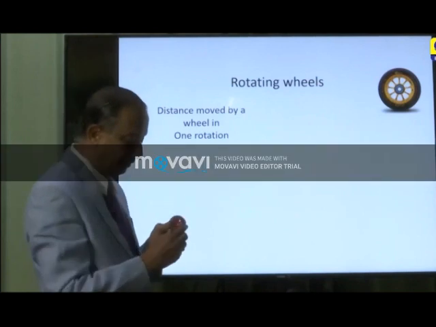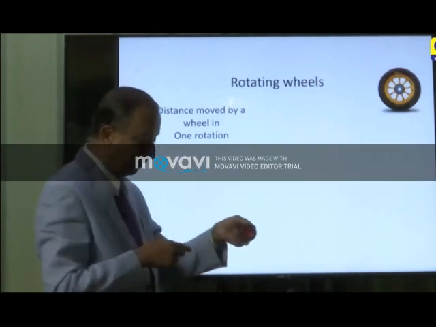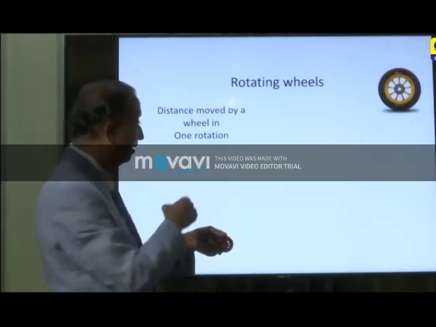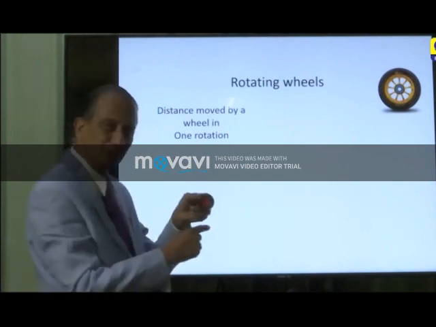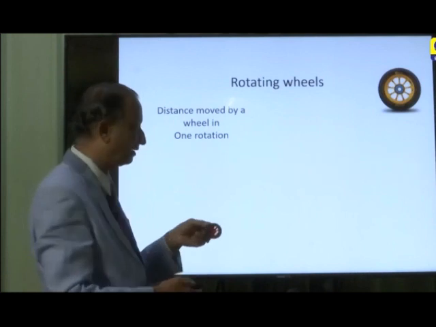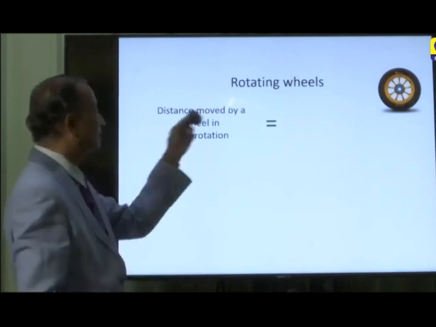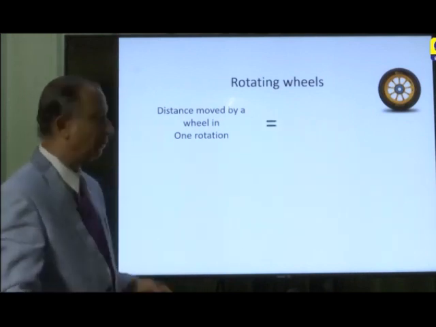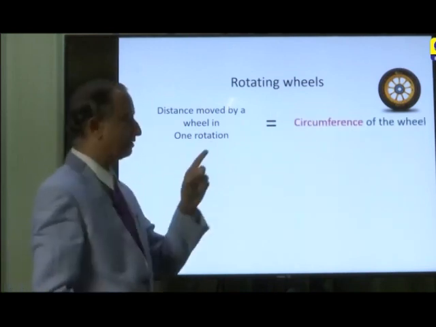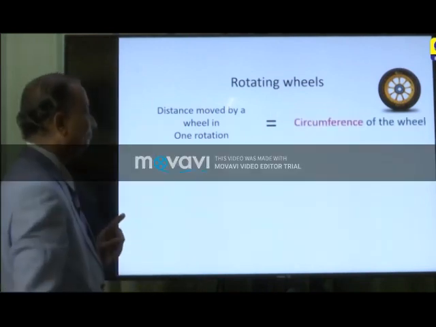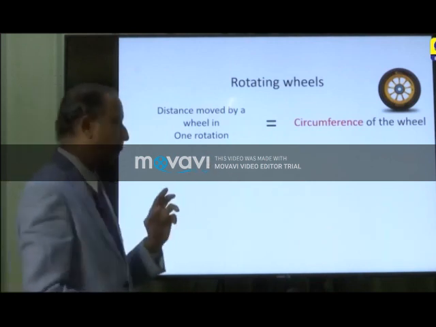So, you know the distance travelled by a wheel when it makes one rotation, don't you think that is equal to the circumference of the circle? So, therefore, the distance moved by a wheel in one rotation must be equal to the circumference of that wheel. Okay. Now, let us reverse this process.